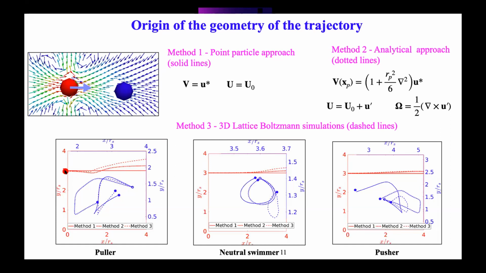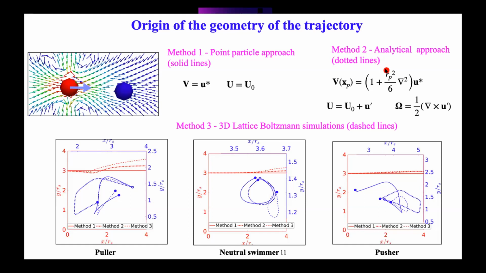The microswimmer moves in a straight line, and the passive particle shows this open triangle trajectory with attraction, repulsion, and attraction phases, showing 3 different stages. This shows that the trajectory of the passive particle is a consequence of the flow field that the microswimmer generates.